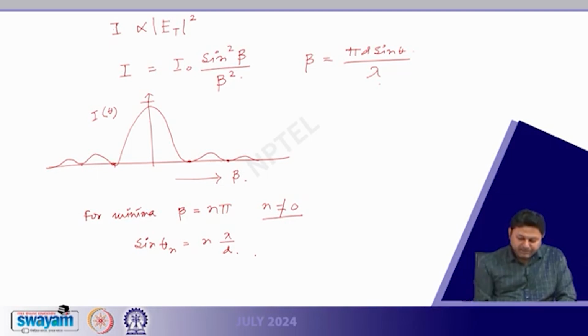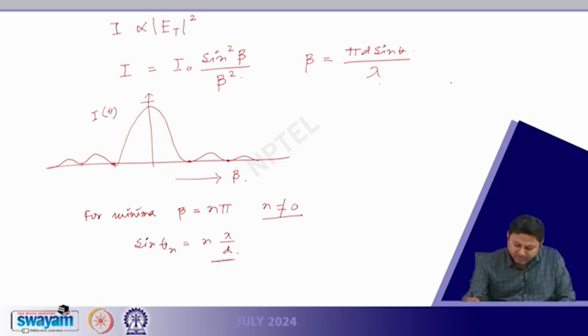So, instead of beta, if I write n pi, so n pi is pi d sin theta divided by lambda. So, theta n should be n lambda divided by d. So, these are the thetas at which we have minima.